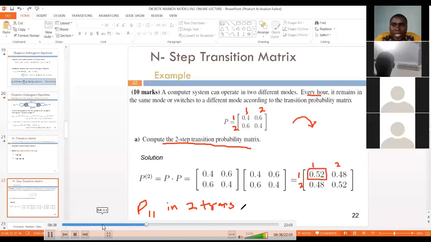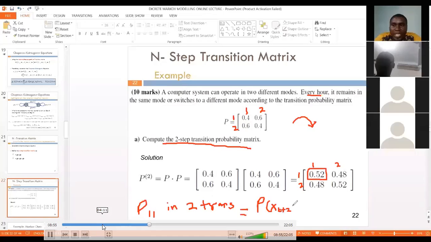So technically you write that as the probability of the process moving to t plus 2, okay?